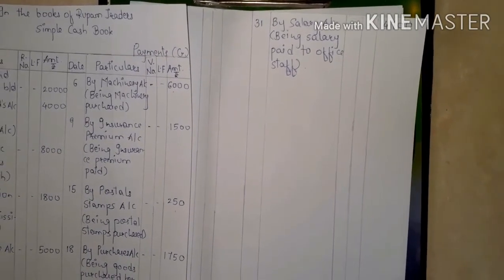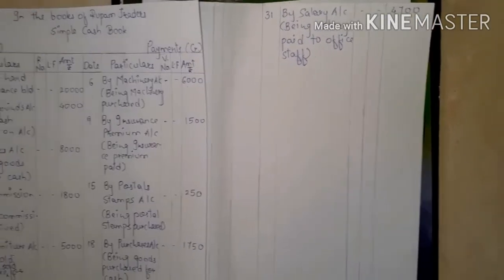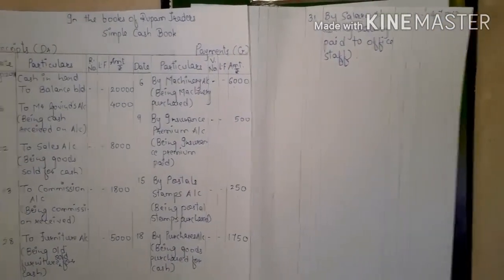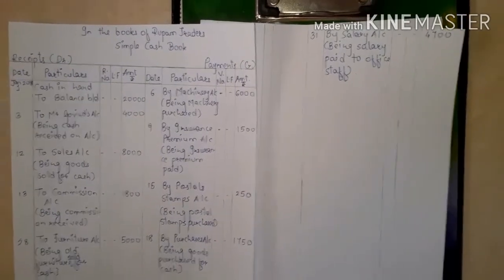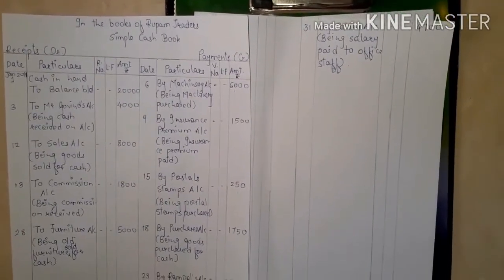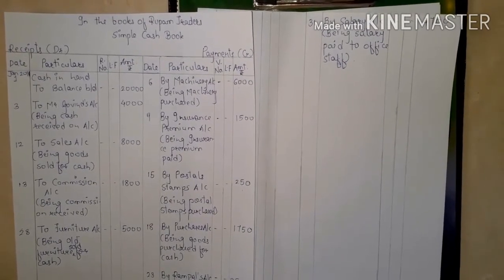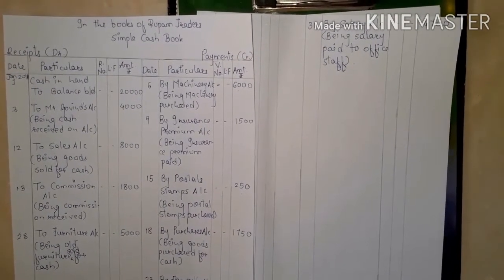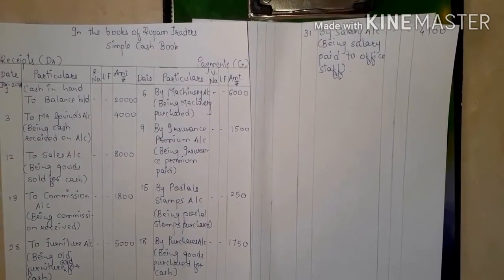Which is the lesser one? Of course, the payment side will be the lesser one. Because remember, receipt side is always going to be greater than the payment side. That is why payments is always going to get the carried down effect. That is, payments will be always less than the receipt side.